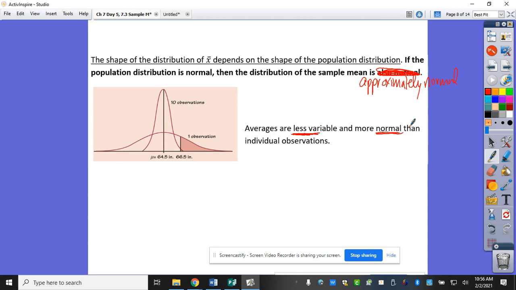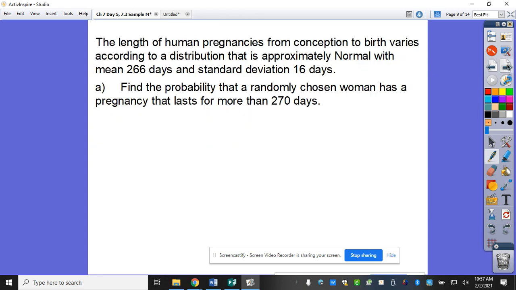That's going back to picking one dot versus picking three and writing down the mean. That was what I was doing with that graph. Trying to see how far I want to go with this video.